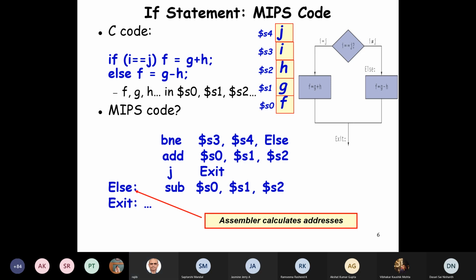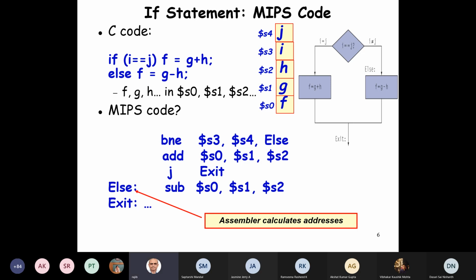Now, before the code is executing here, we have these register storage of these variables. We have used load word or whatever, and we have loaded f variable in S0 register, g in S1, h in S2, i in S3, and j in S4.